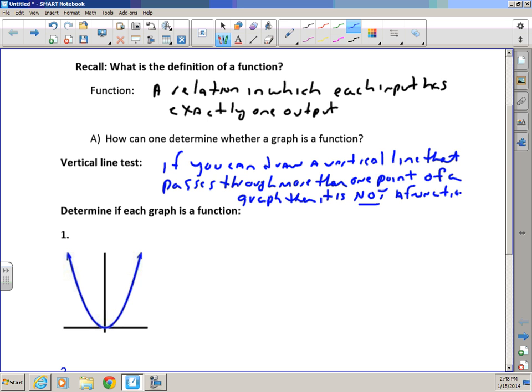So what we're looking to do is to determine if we can make the graph fail the test.